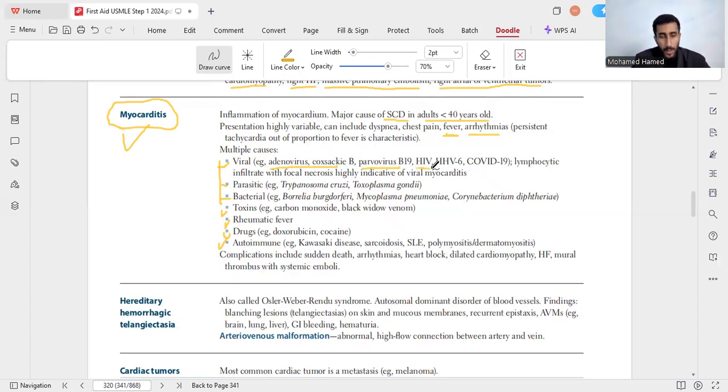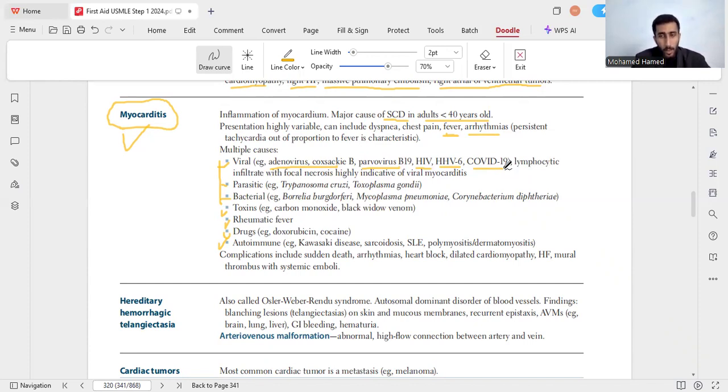HIV affects multiple systems of your body, and the myocardium is one part that can be affected, so you have to know that. Also human herpesvirus 6, and recently COVID-19, where some cases also had myocarditis as part of the infection.